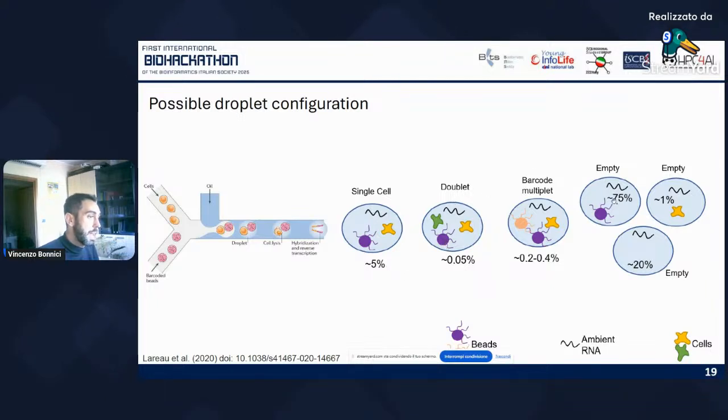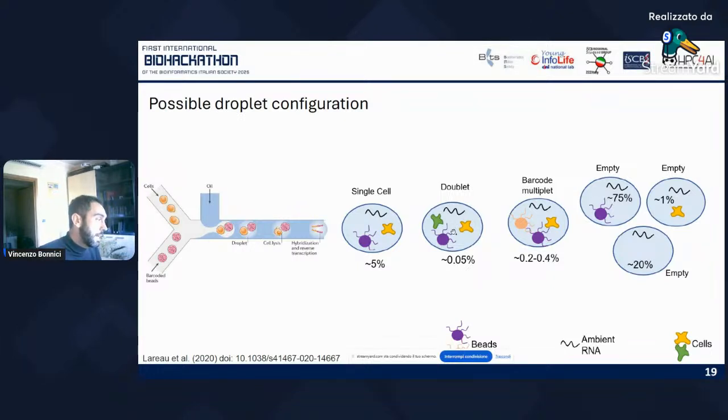But usually what you obtain is a large number of empty droplets, where you didn't capture any cells, but actually you captured some ambient RNA. And you will get some reads from your data, but these reads are not from your cells, they are just from something else.